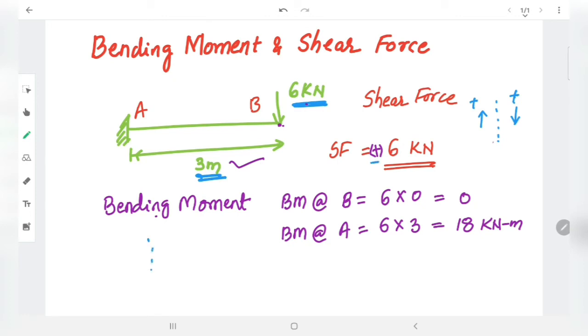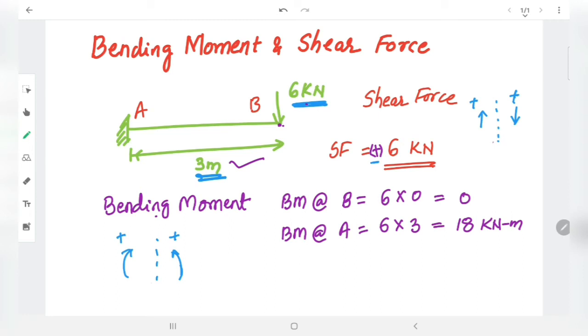And apart from that, I'll tell you once again. Here I'll draw once again. If it is left hand side and in the clockwise direction, this is taken as positive, and if it is on right hand side and in the anti-clockwise direction, this will be taken with a negative sign. This is what we call a sign convention.